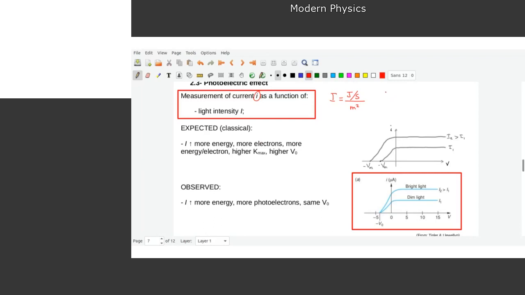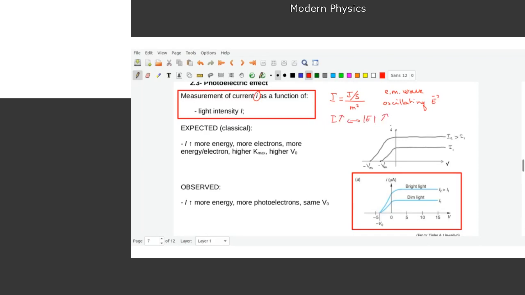This is an oscillating electric field. And so when you increase the energy, essentially what you increase, so E increasing means the amplitude of the electric field increases.